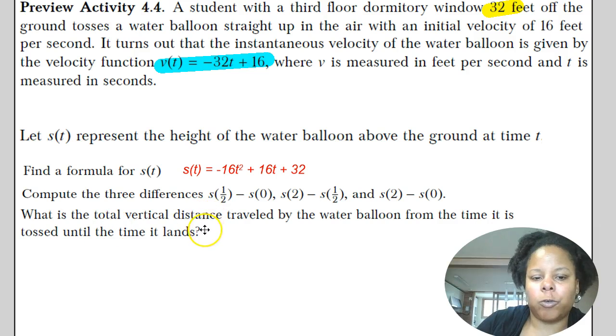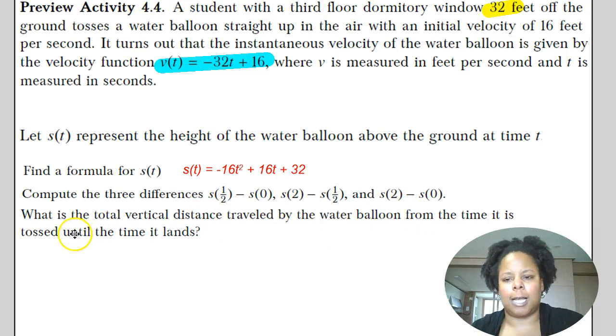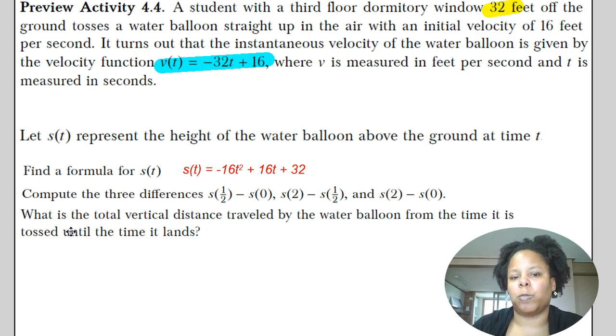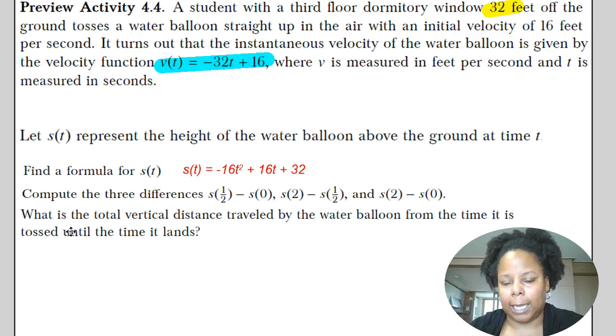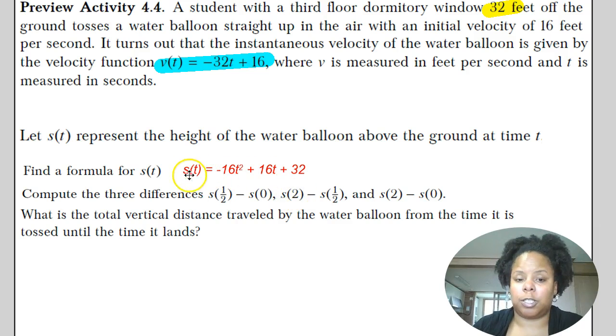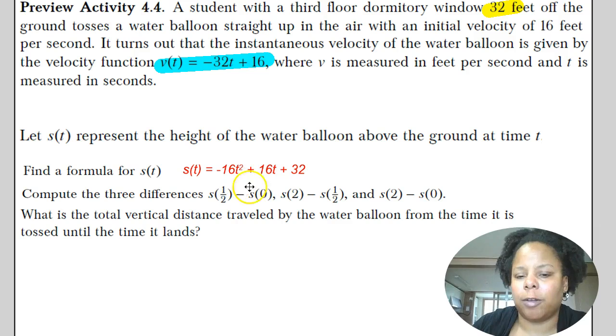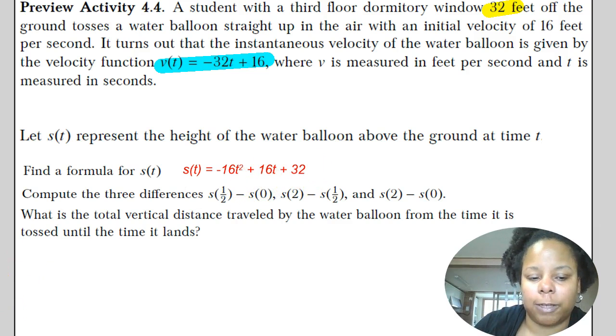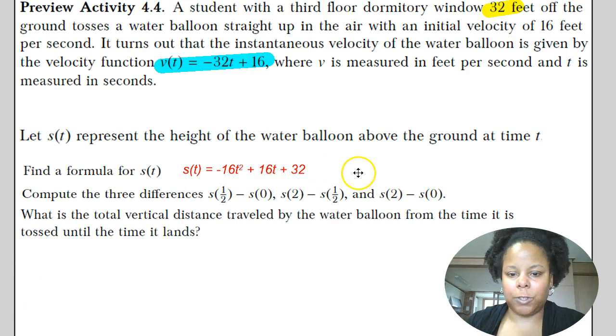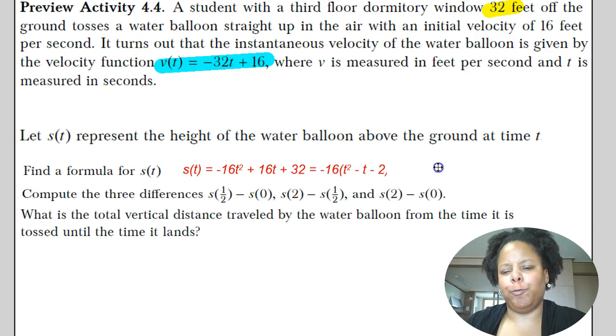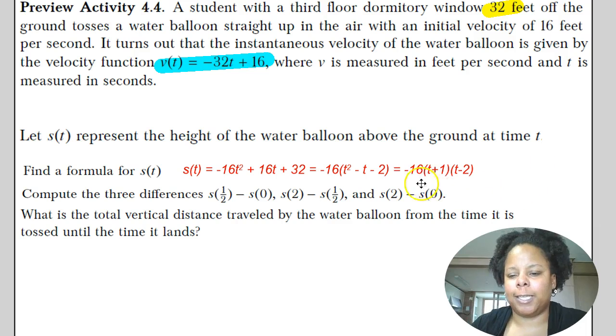And they want to know, what is the total vertical distance traveled by the water balloon from the time it is tossed until the time it lands? So first we have to determine at what time it will land. It will land when the position function is 0. As you can see here, being that it's a quadratic function, we can solve it to get our answer. Using simple algebra, we write this function into intercept form, and we see that the position function is 0 when time is -1 or when time is 2.